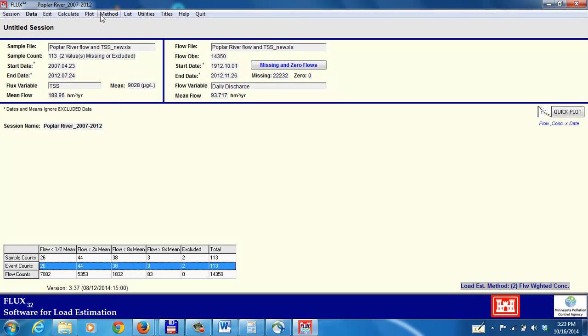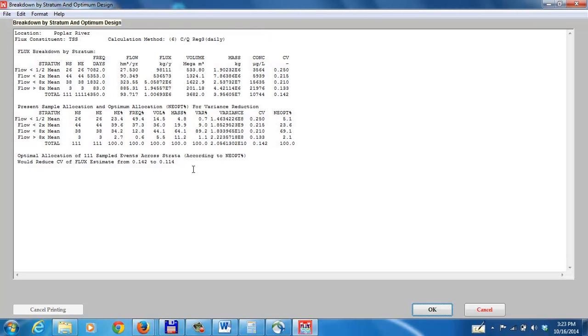Now, it might be interesting to see what happens if I go with method 6 and see what happens here. Well, the coefficient of variation with the original sampling scheme was 0.142. If we go with the optimum sampling scheme, which is a bit different than the one that we had from method 2, we go from 0.142 to 0.114. With method 2, it went from 0.140 to 0.117.